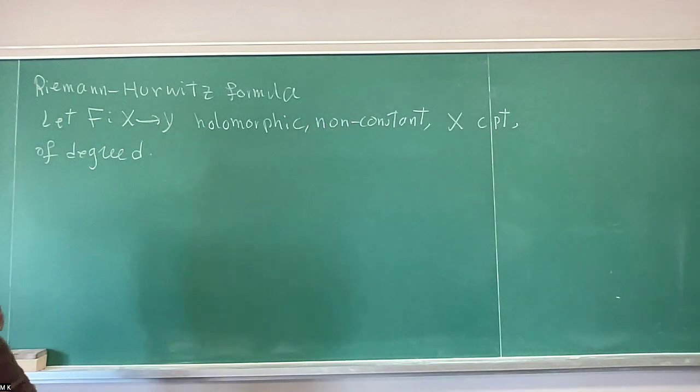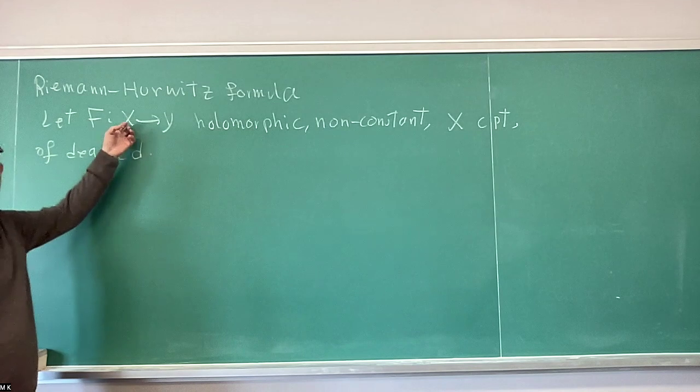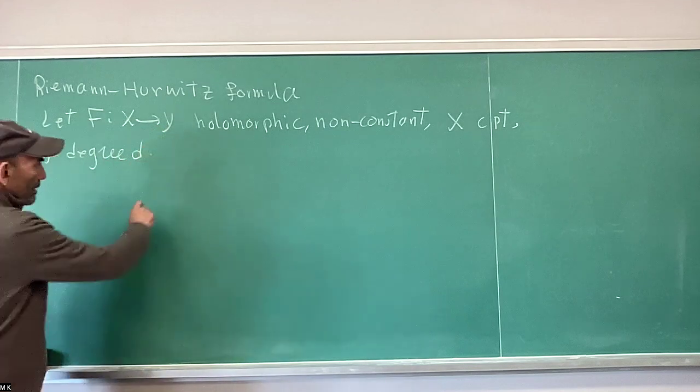And then we can relate the Euler characteristic of X to the Euler characteristic of Y in the following way.